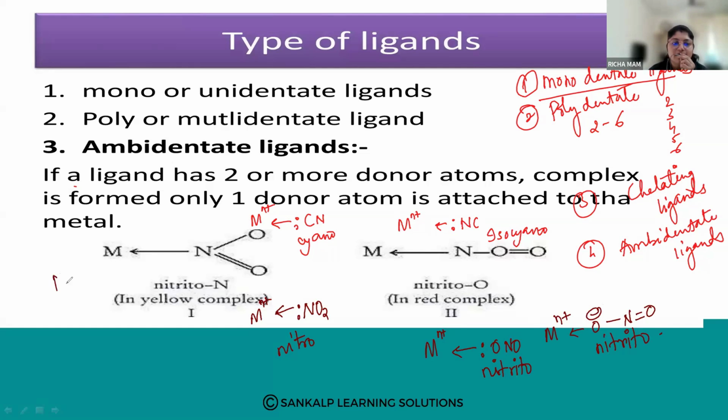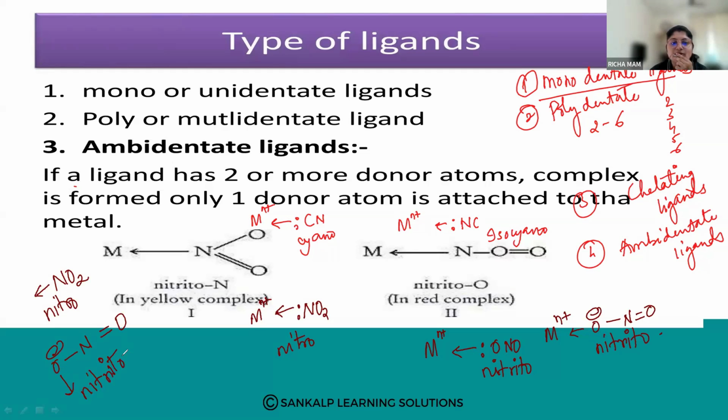So in the nitro group, both the nitrogen as well as the oxygen can coordinate. If it coordinates from nitrogen, it forms the nitro group. If it coordinates from oxygen, it forms nitrito.